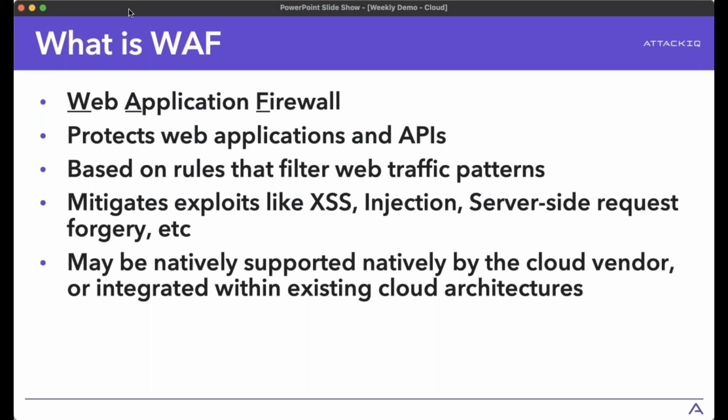They do this by using rules that filter out traffic patterns such as exploits that may involve cross-site scripting, SQL injection type attacks, and even things like server-side request forgery. That is not a complete list, but these are targeting vulnerabilities in web applications.